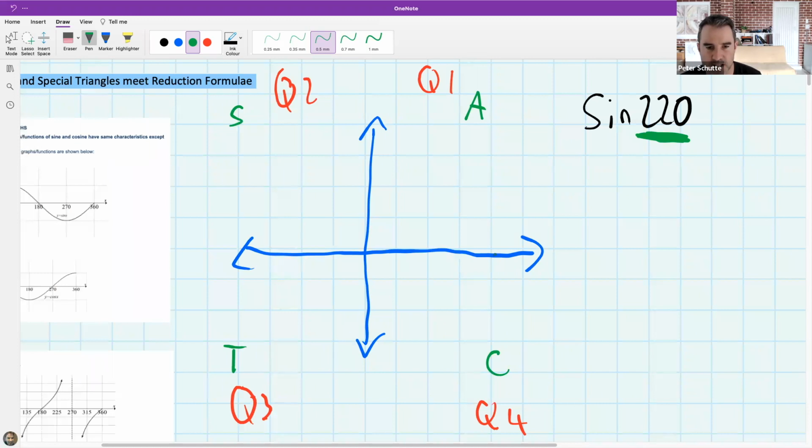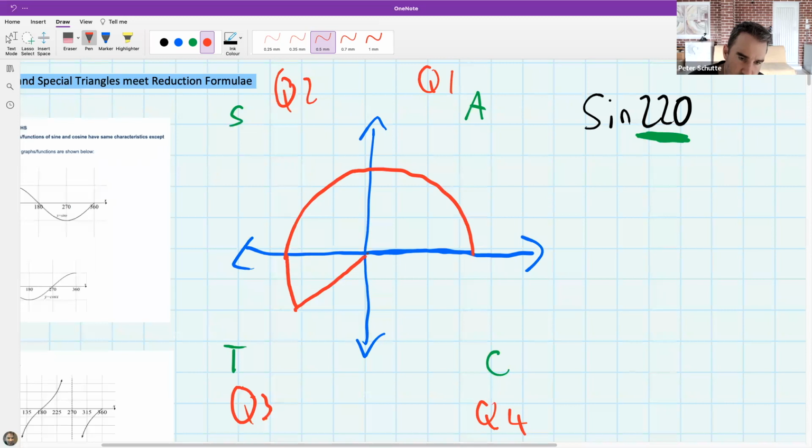And so what the Cartesian plane helps us to do is understand what 220 degrees looks like. So if you imagine a terminal arm rotating around from here, then that angle up to there would be 90. Now, if that angle went to here, that angle would be 180. And if I kept going another 40 degrees, then that would be the angle of 220.